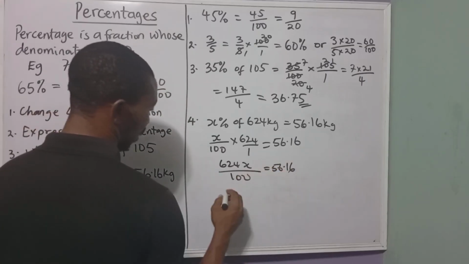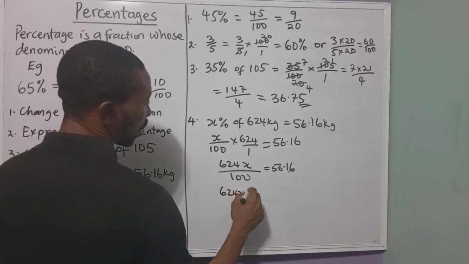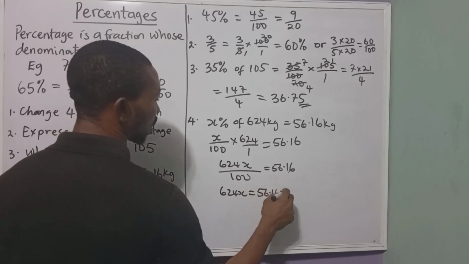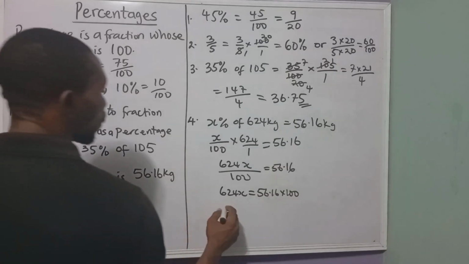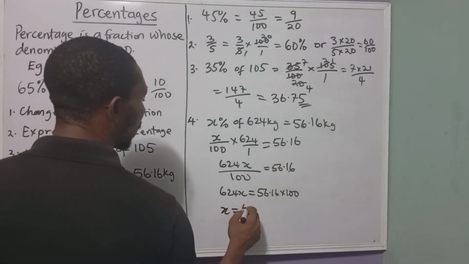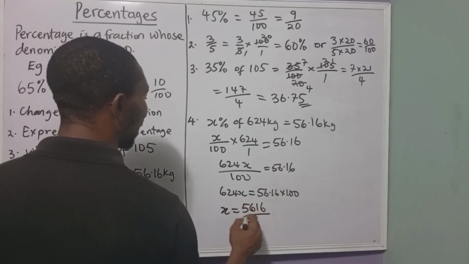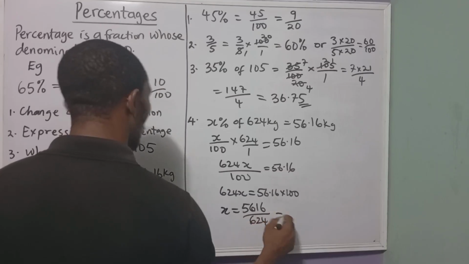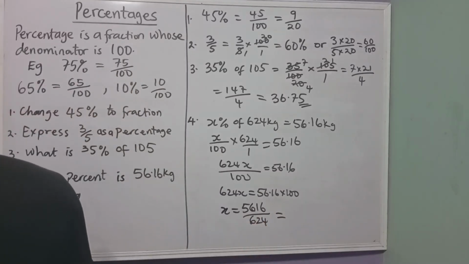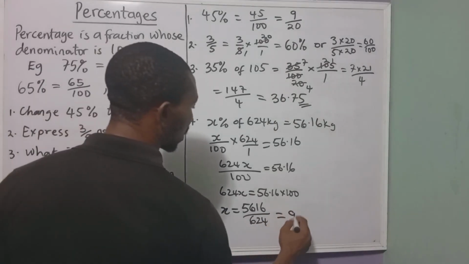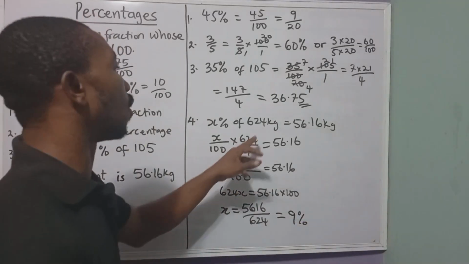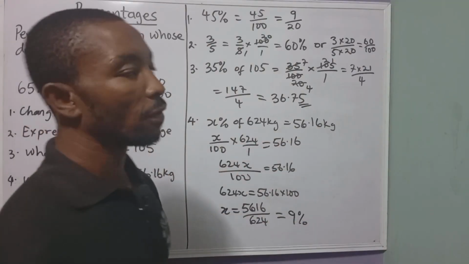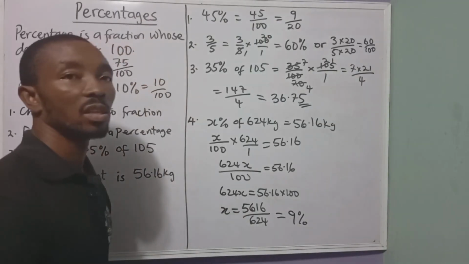Cross multiplying, this gives us 624x equals 56.16 times 100, which is 5616. X will be 5616 divided by 624, which gives us X equals 9%. That means 9% of 624 kilograms will give you 56.16 kg.